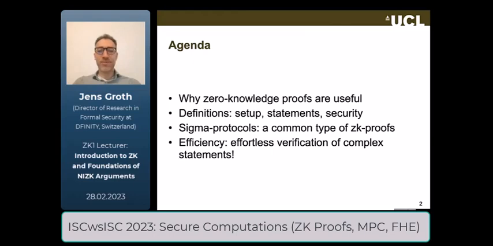And then I want to give you some definitions, talk about what kind of setup we need for zero knowledge proofs, what kind of statements we can prove, and the security of zero knowledge proofs. And then I want to give an introduction to a very common type of zero knowledge proofs called Sigma protocols, and also show how one can use what is called the Fiat-Shamir heuristic to make these non-interactive. And then the last part will be devoted to efficiency.